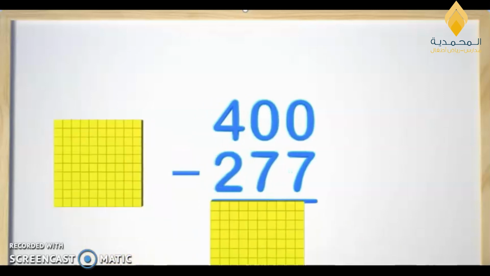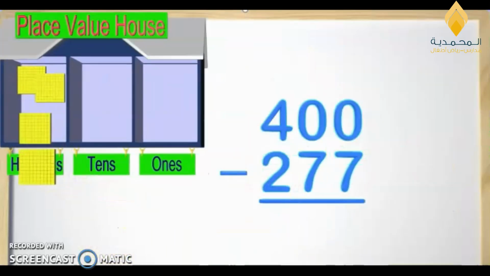I'm going to show you the place value houses here. At the ones place here, this is the 0. We don't have any number here. At the tens place, we have no numbers again. In the hundreds place, we have 400. Look, 100, 200, 300, 400. The place value house helps me to subtract.